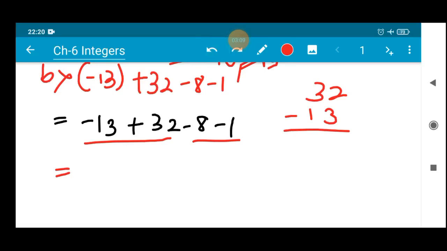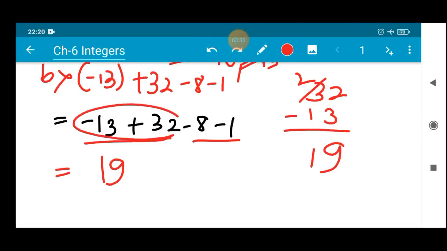It will be 12 minus 3, which is 9, and 3 becomes 2, so 2 minus 1 is 1. So it will be 19, and the sign will be plus because 32 is the greater number. Using the rules of multiplication of integers, minus into plus was minus.